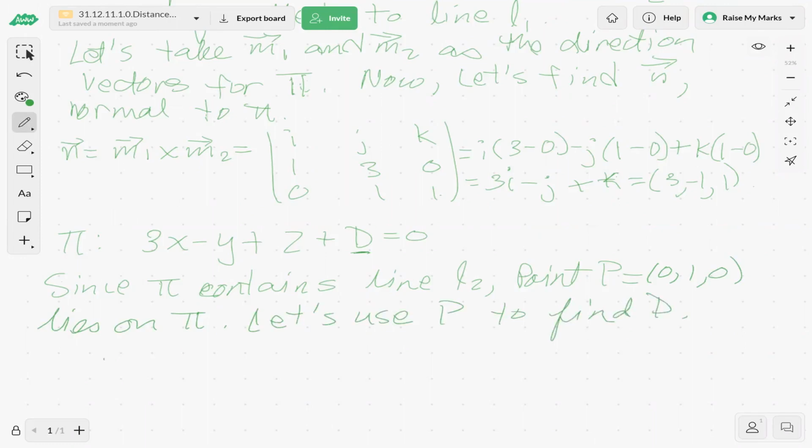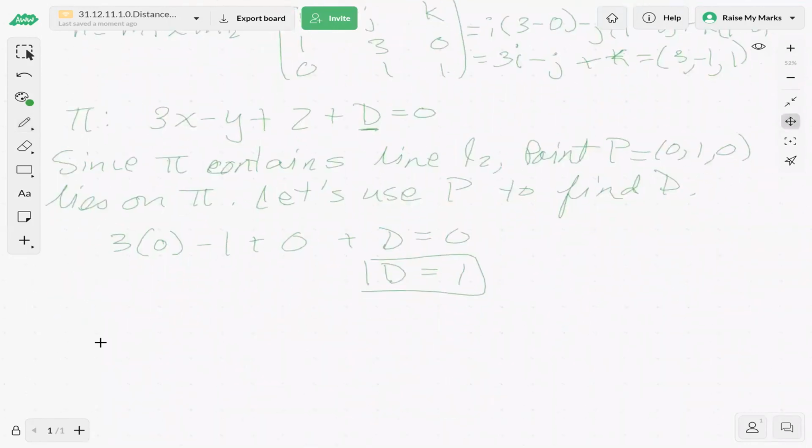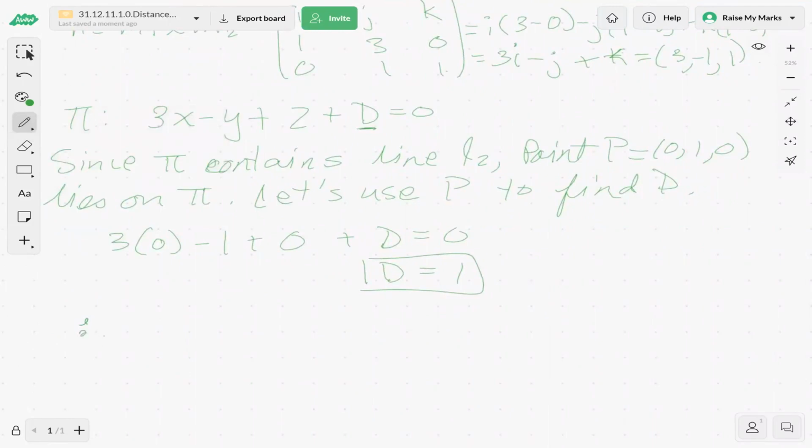So 3 times 0 minus 1 plus 0 plus d equals 0. So d equals 1. Therefore, our plane is 3x minus y plus z plus 1 equals 0.